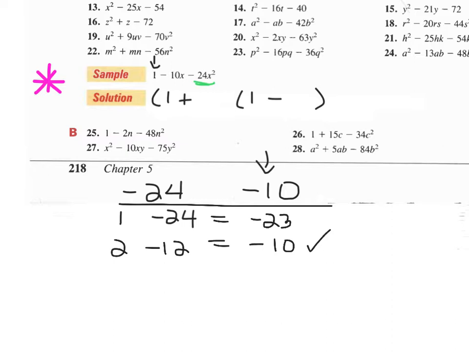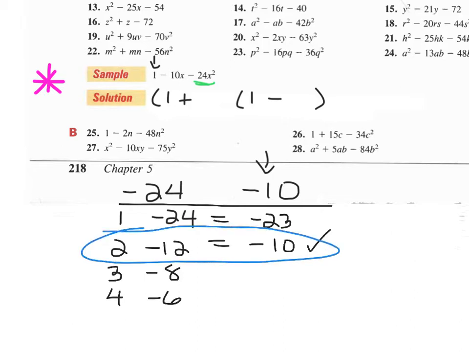Now, notice on this one, the 4 times negative 6, at first glance, you might think, oh, 4 plus 6 is 10. But remember, the sign needed to be negative. So in order to make that, they both would have had to be negative, but it wouldn't have given me a negative 24. So sometimes it's looking like there might be another pair, but there's always only one that works.